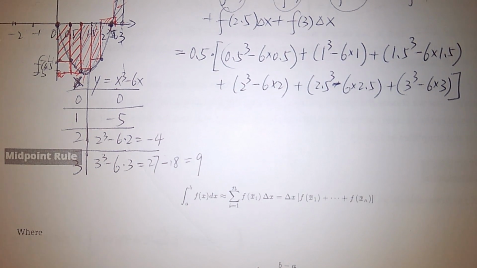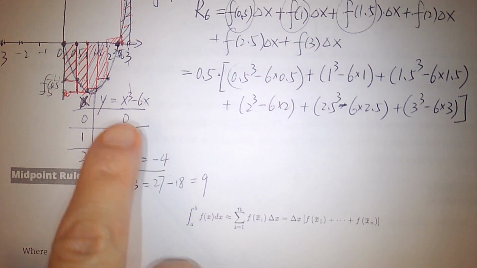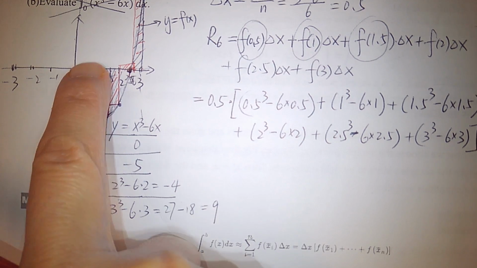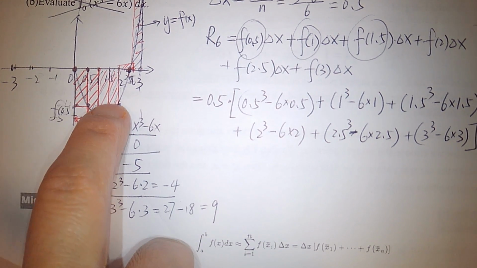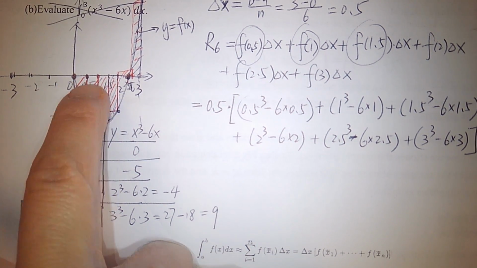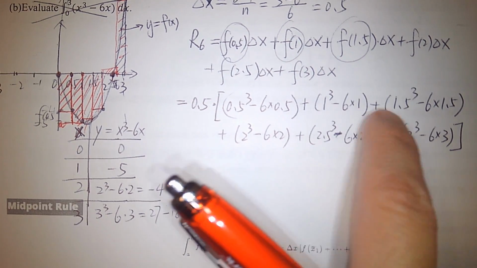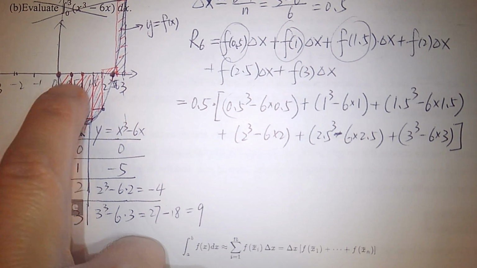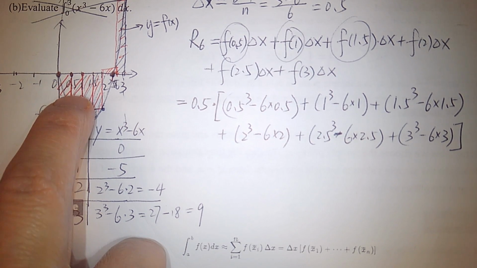I do have a question, which is that some of them are going to be negative, some of them are going to be positive. Yes. But because this shaded area is below the x-axis, the areas for these rectangles, see, they're below the x-axis, will have negative areas, okay?